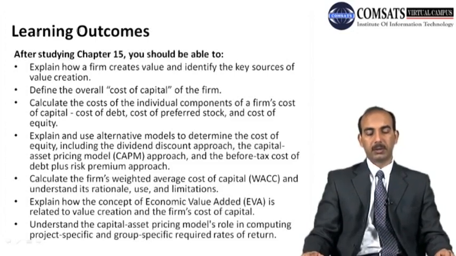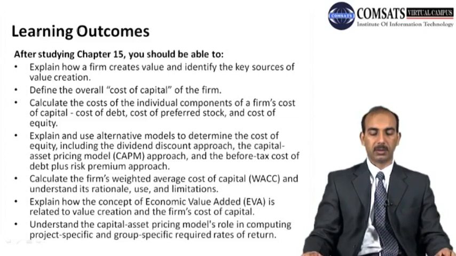And you will be able to calculate the firm's weighted average cost of capital and understand its rationale, use, and limitations. And also you should be able to explain how the concept of economic value added is related to value creation and the firm's cost of capital.